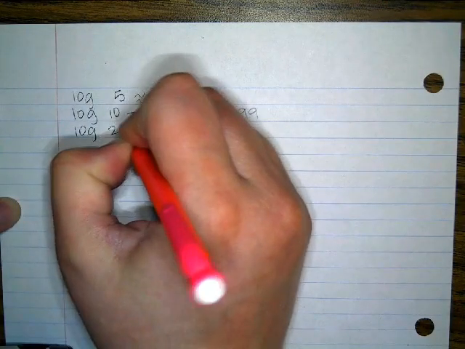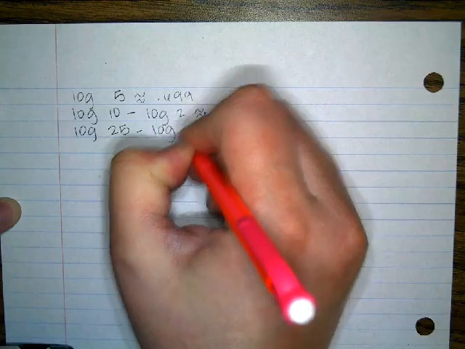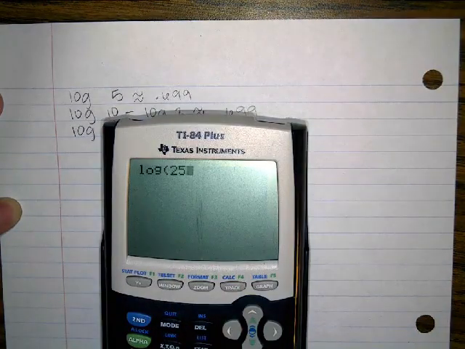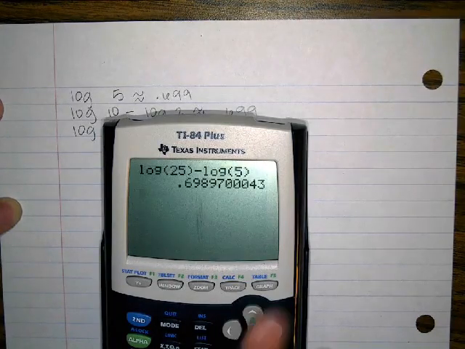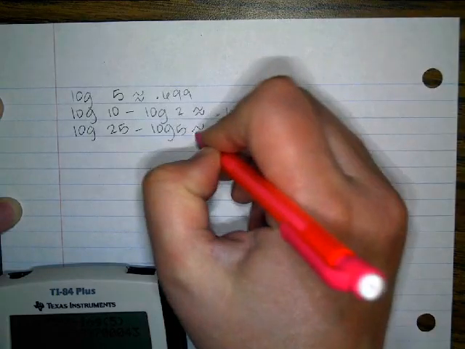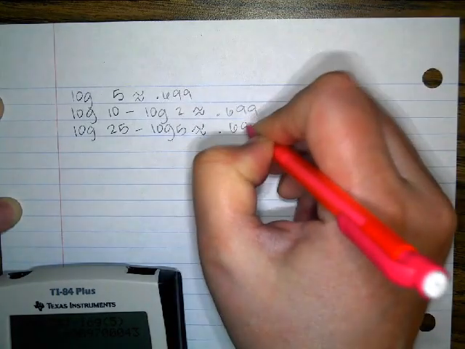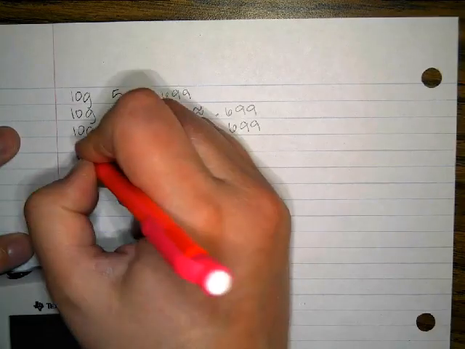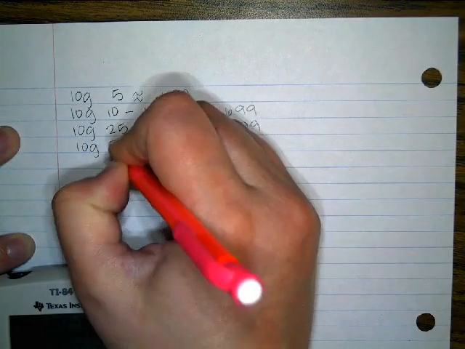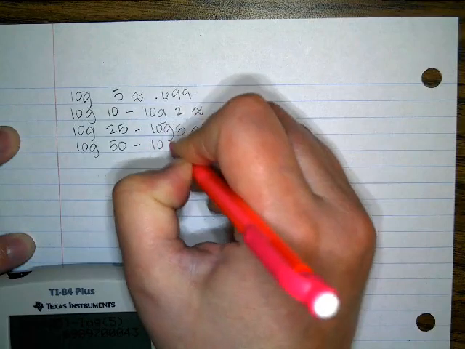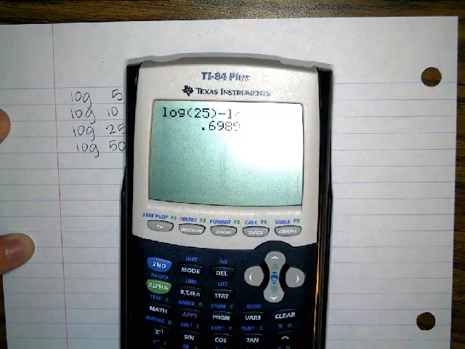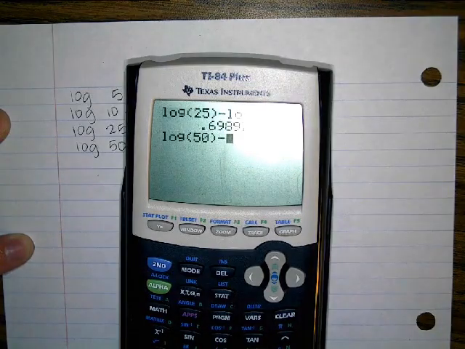Okay, let's see if that's the same thing. So log 25 minus log 5. Same thing. Someone give me another one. Log 50 minus log 10. Let's see. Log 50 minus log 10. Same thing.